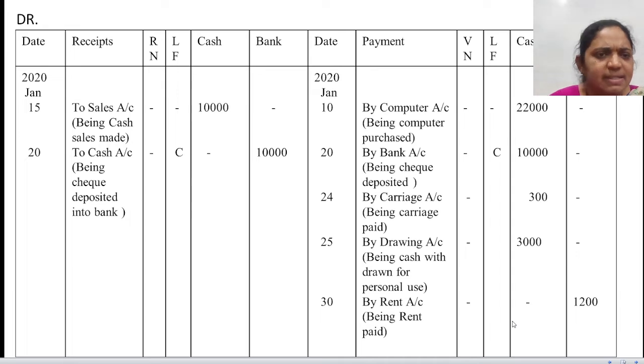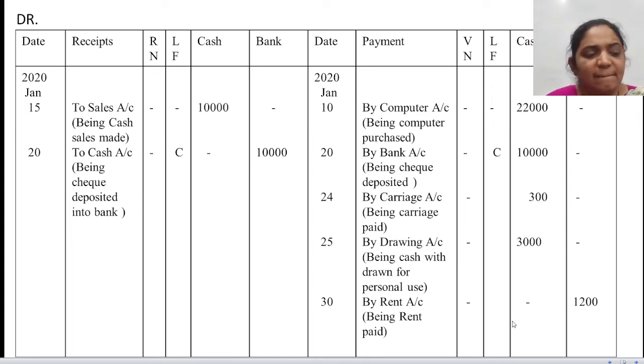So the common entry is this. You have sold goods. What comes in? Cash comes in. And sale is an income. So on the debit side, you will write date 2020 Jan 15 to sales account being cash sales made. In the cash column, you will write 10,000. Got it? Yes or no?